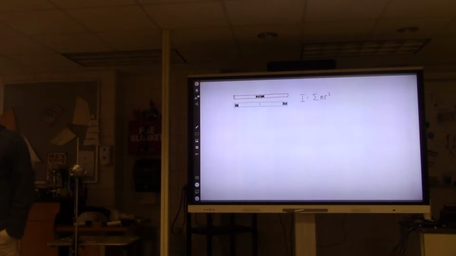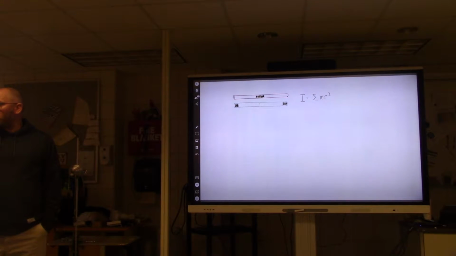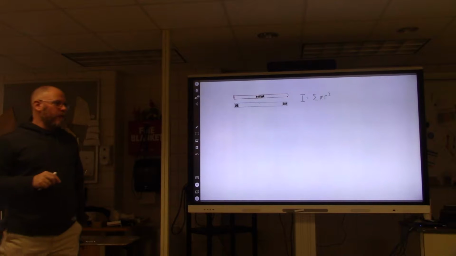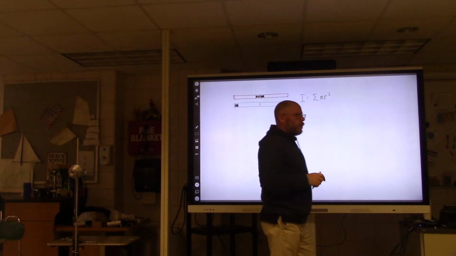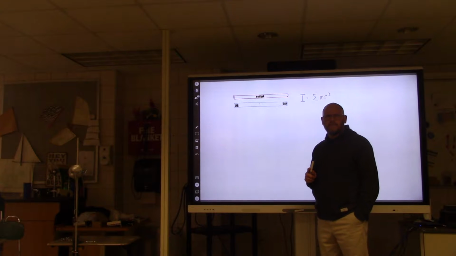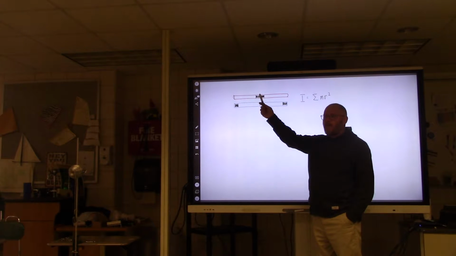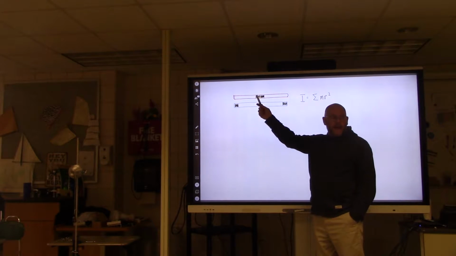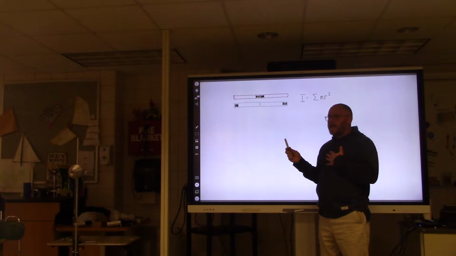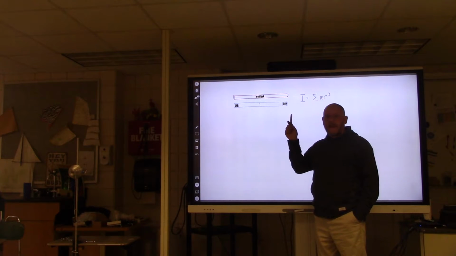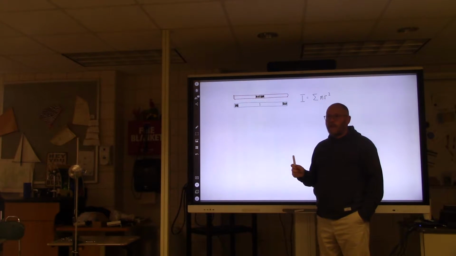Of all the mr squareds. So what does this mean for the top one? They have the same mass, but what's different about this one? Because the masses are concentrated at the middle, the radius is smaller, so this one has a much smaller rotational inertia. This one, the stuff is on the outside, so it has a much larger rotational inertia.